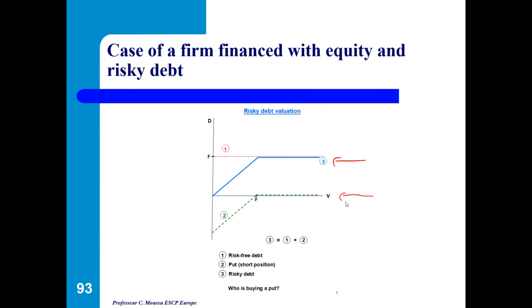So what we do, in fact, is a risky debt is a structured product. And a structured product where you have the red line, which is paying F whatever the value of the company, would be a risk-free debt. Or it would be a debt that has a guarantee, or a debt in an unlimited liability company.